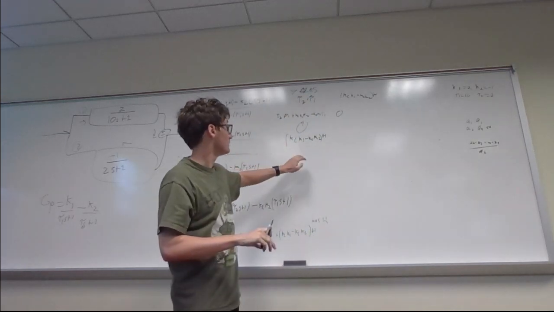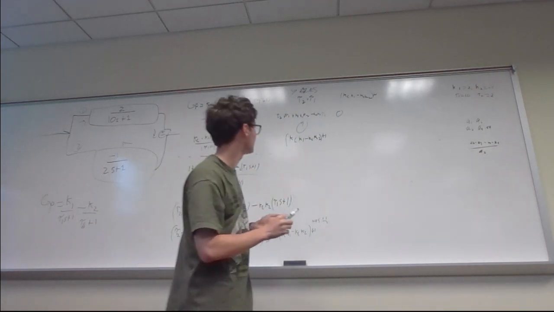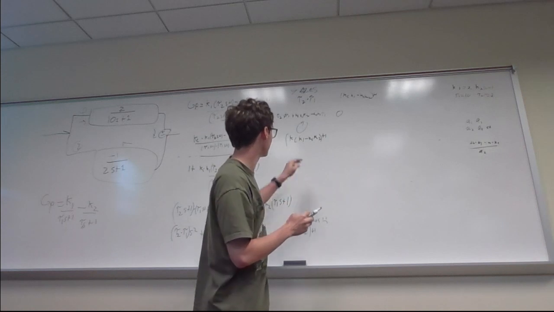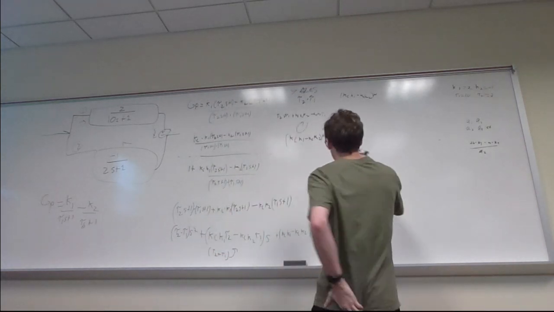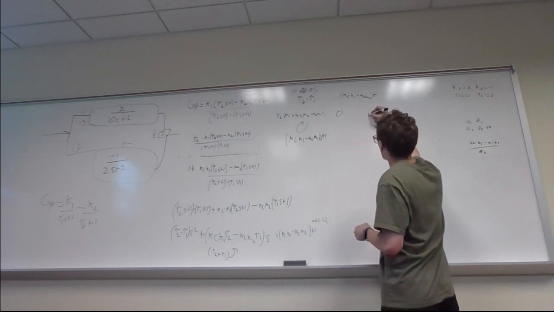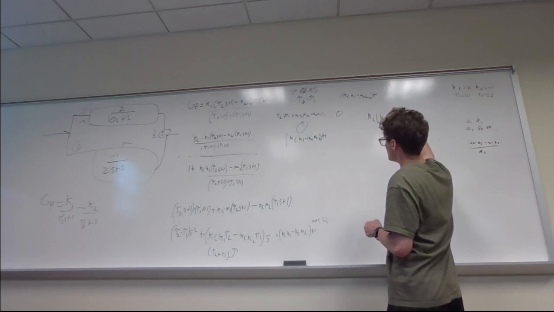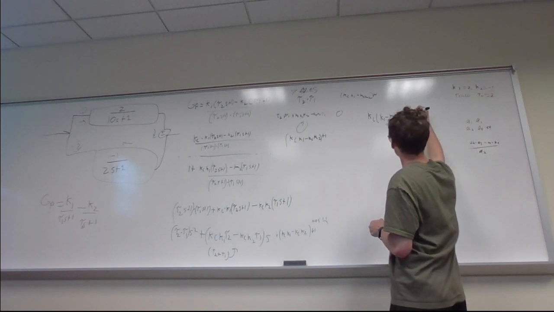So now we got to figure this out. Luckily, we have numbers, I think. So we're going to solve for KC. This is going to be greater than 0, so KC times K1 minus K2 plus 1 is greater than 0.